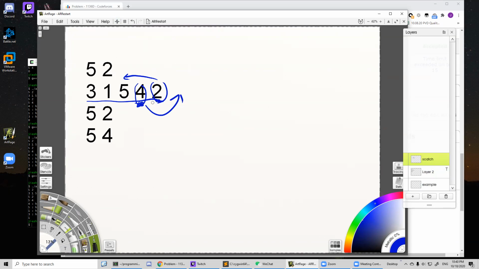And the only thing we need to check is if this digit has a pair in the given pairs that leads to the last digit, right? If 4, 2 is in the given pairs, then we can move 4 to the right of the last digit, right?